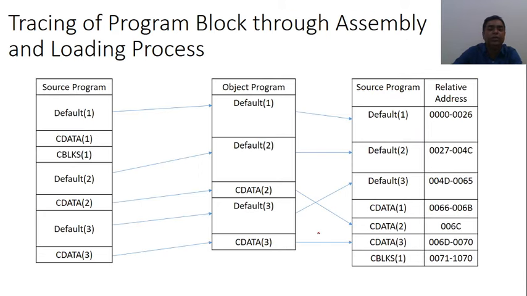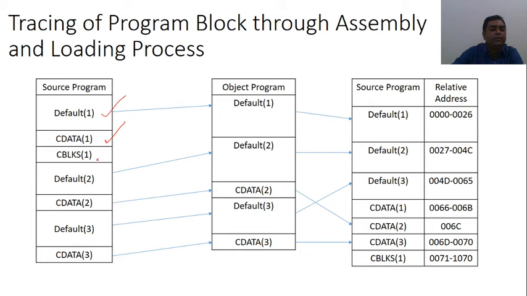Now we will understand the tracing of program blocks through the assembly and loading process. That means how the program blocks are rearranged in the object program. You can see in our source program we are given first default. There was one default block that I am just calling default 1. Then there was the C data block, called C data 1.